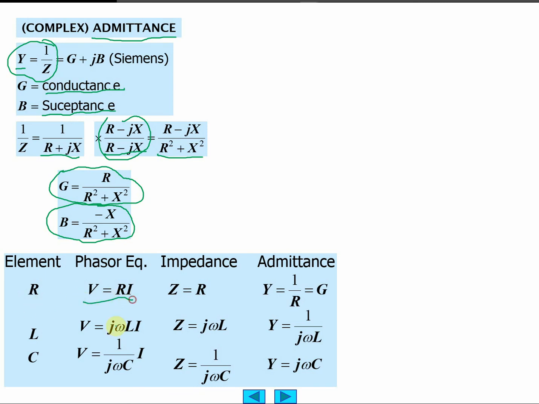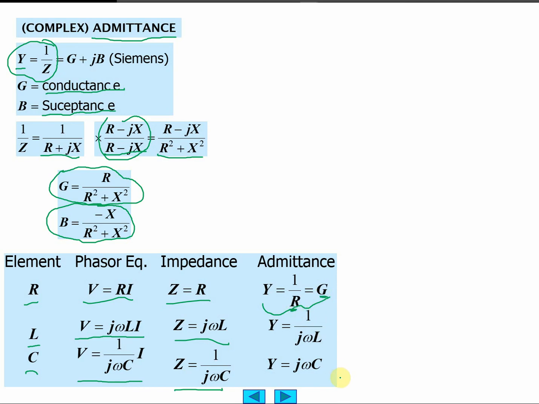how voltage and current react with the three components: a resistor, inductor, and capacitor. Impedance of the components, and admittance, reciprocal impedance. Like I said, pure resistance.